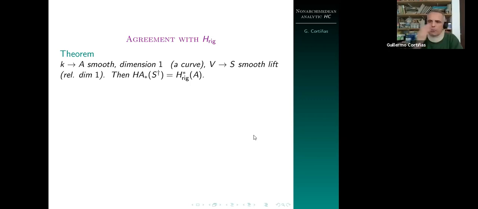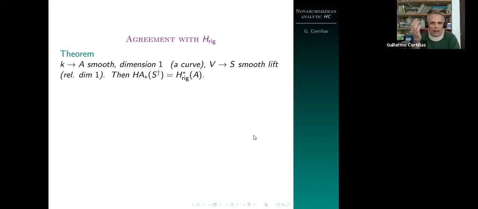Here there is no periodification because there are only two rigid cohomology groups, since the dimension of A is 1, right? 0 and 1. In general, you would expect to have this without any restriction on the dimension, and it should be true that HA of S dagger is the periodification of the rigid cohomology of A. So why do we need this dimension 1?